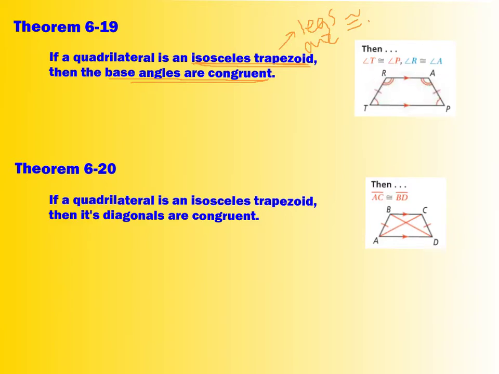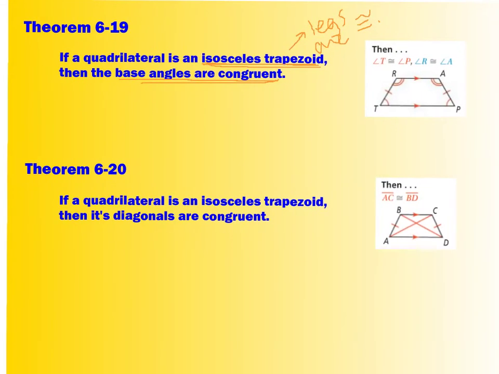Then the base angles are congruent. So this angle at the top R is congruent to this angle at the top A. This angle at the bottom T is congruent to this angle at the bottom P. And then we've also got Theorem 6.20, which is also talking about an isosceles trapezoid, but this time it says if you have an isosceles trapezoid, then its diagonals are congruent.